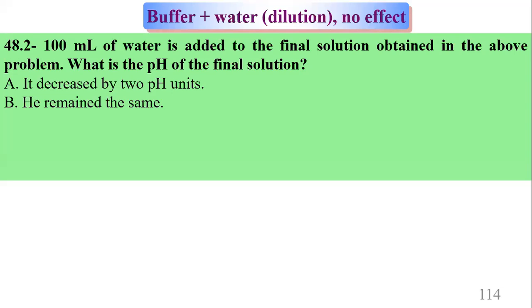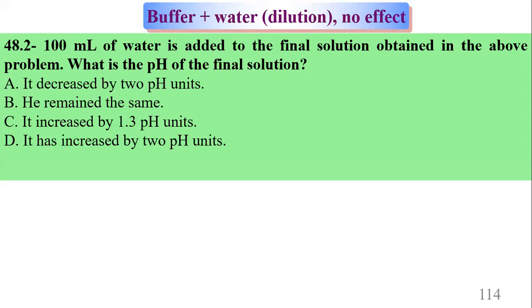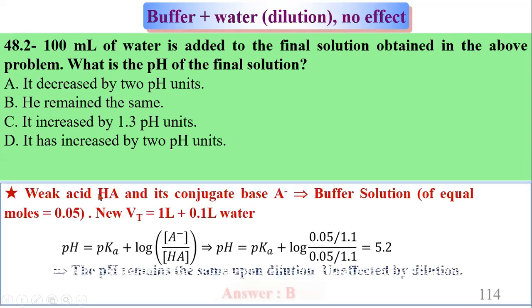Will it remain the same? Will it increase by 1.3 pH units, or increase by 2 pH units? So what will happen to the pH? Of course, the pH will remain the same.